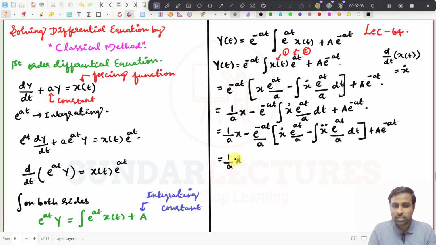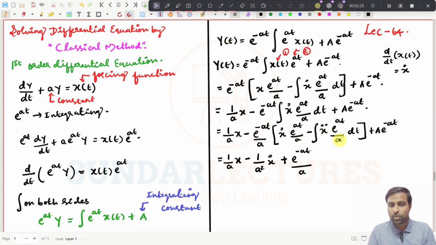Anyway, so this will be now like this. Then I will bring this inside. What I will get: if I have minus here and I bring this inside, this will be cancelled out, and I have 1 by a square x dot. Then if I bring this to the integration, I will get plus e power minus at divided by a.